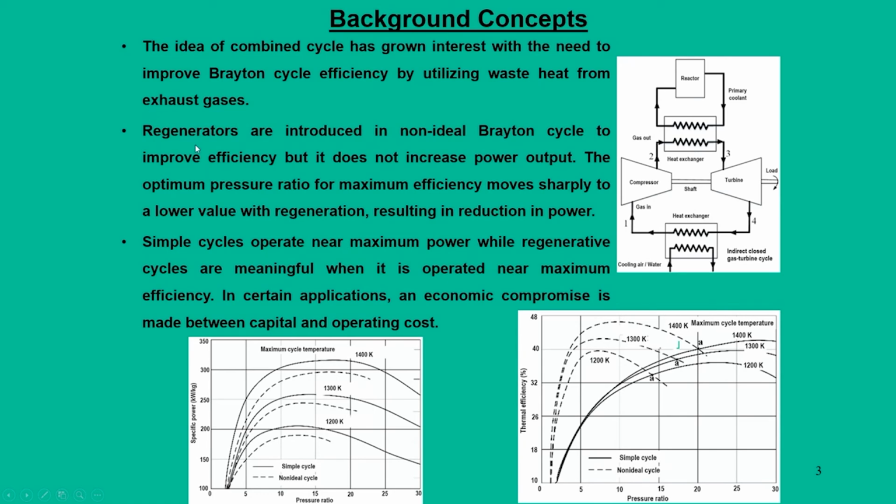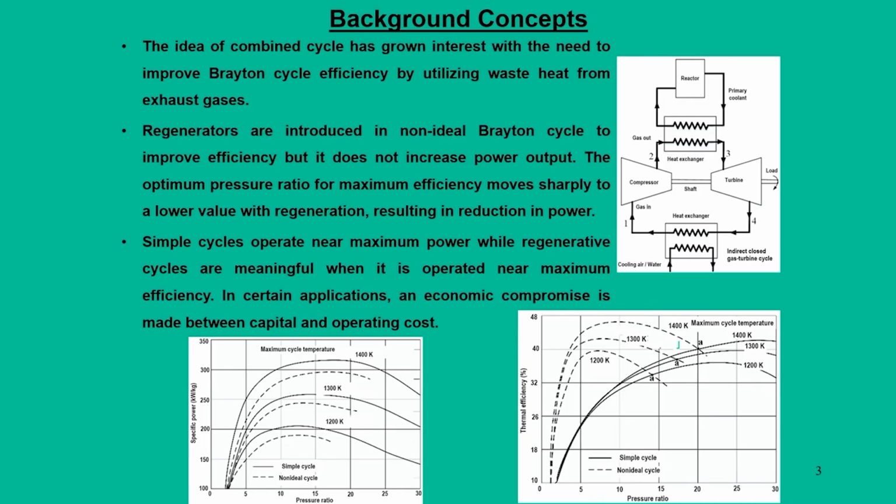For that reason, we intentionally make this Brayton cycle non-ideal by introducing regenerators to improve cycle efficiency, but of course it does not increase the power output. Through that mode, the optimum pressure ratio for maximum efficiency improves sharply with a low value of regeneration, resulting in the reduction of power. So, first, it improves the optimum pressure ratio, but it lowers the power.